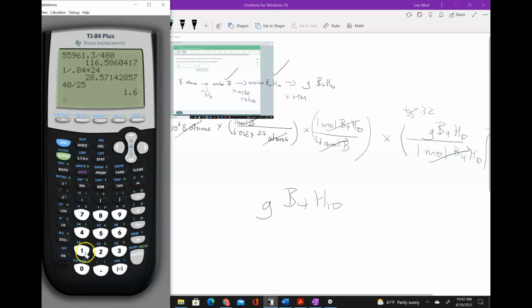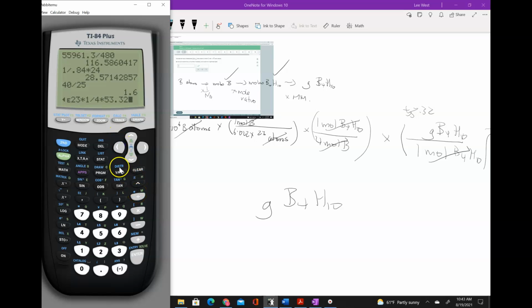So there we go. So 1 by 10 to the 6 boron atoms times 1 mole of boron for every 6.022 by 10 to the 23 boron atoms. That gets me to moles of boron, times 1 mole of B4H10 for every 4 moles of boron atoms, times 53.32 grams of B4H10 for every 1 mole.